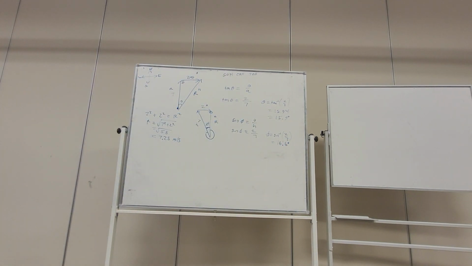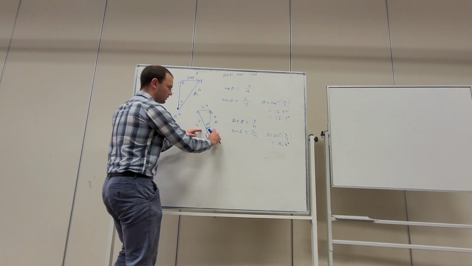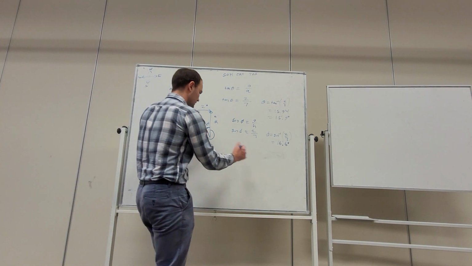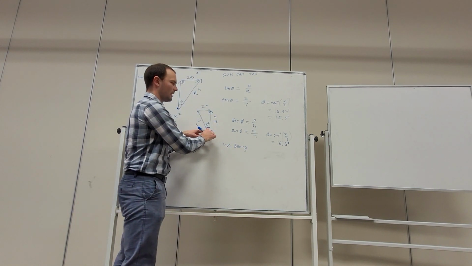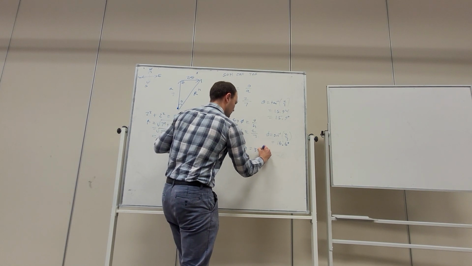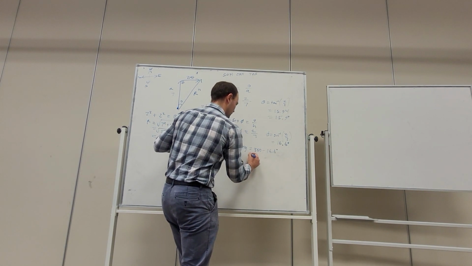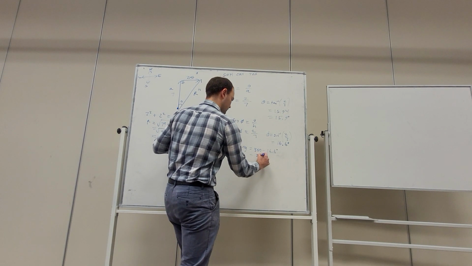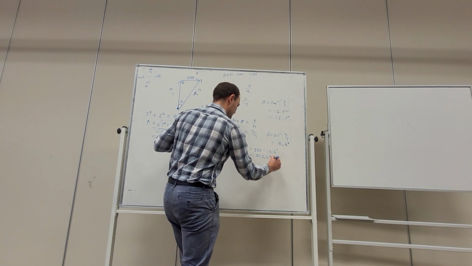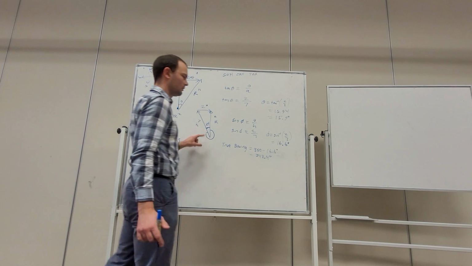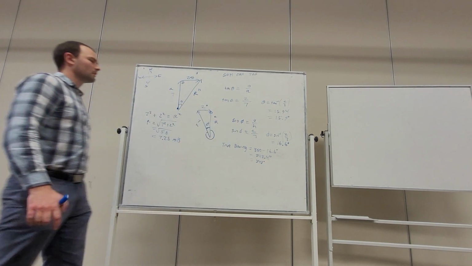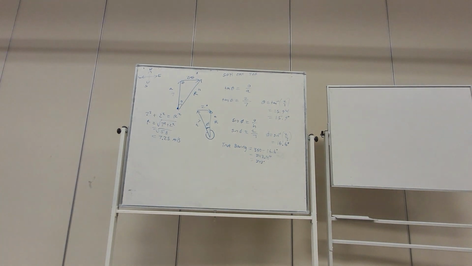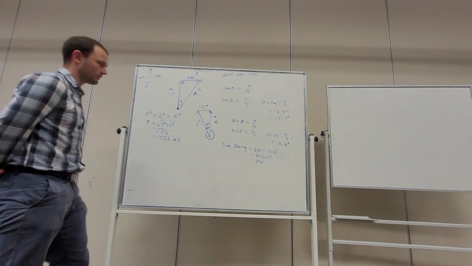Then our true bearing is going to be 360 degrees take away our angle phi that we found here. So what will that be? 343.4 degrees, or 343. So that's the angle that she's going to need to move at in order to head directly north.